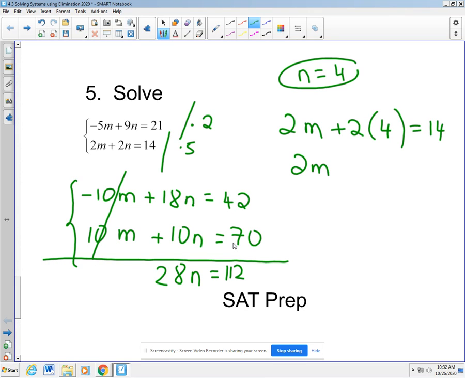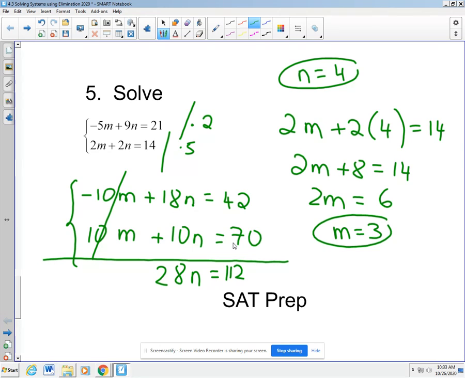So 2m plus 8 is equal to 14, minus 8, minus 8, 2m is equal to 6, and m is equal to 3. So the final answer should be x comma y. In this case, we don't have x and y, so how do you know in what order to do it? Typically we do it alphabetically, so the answer should be 3 comma 4.